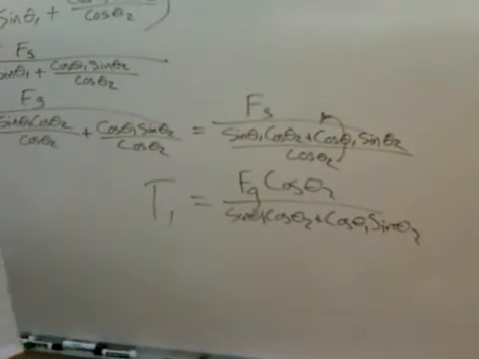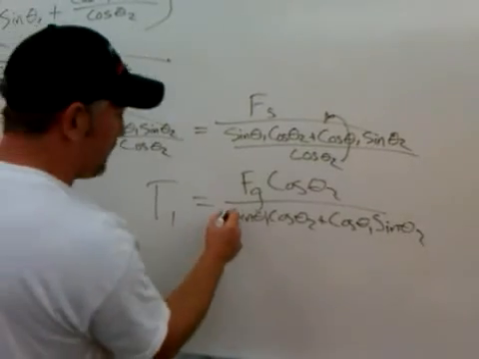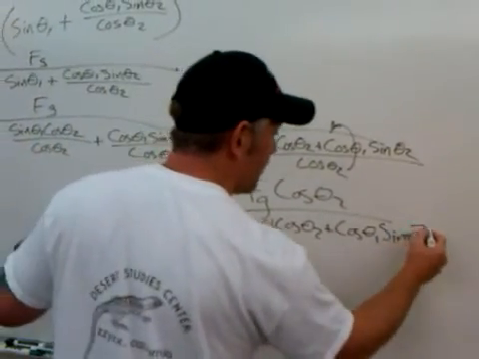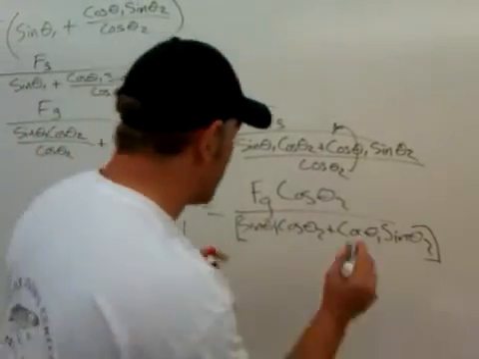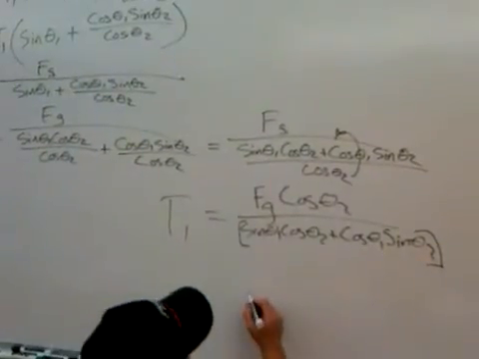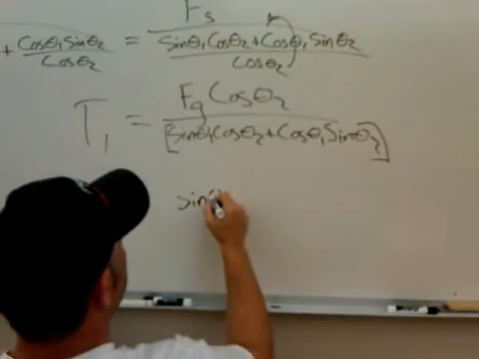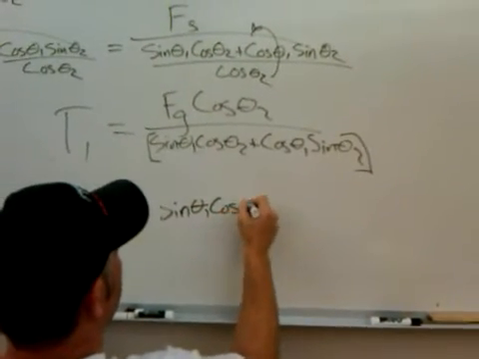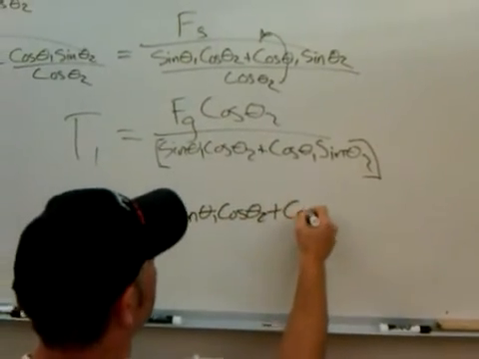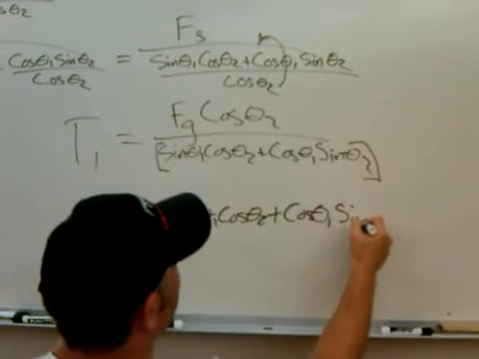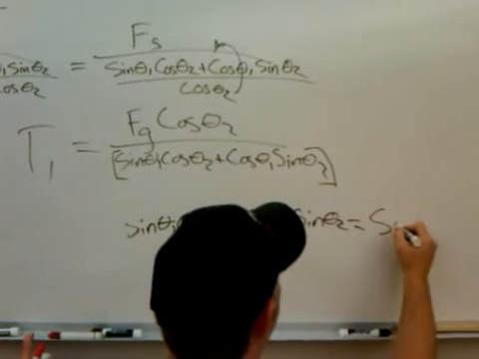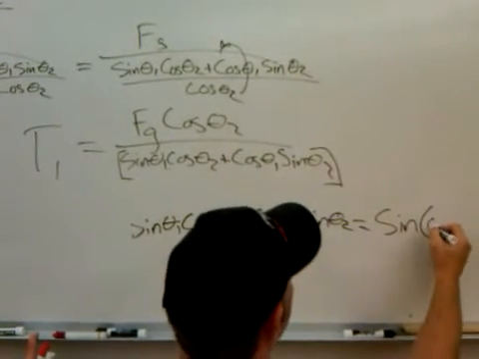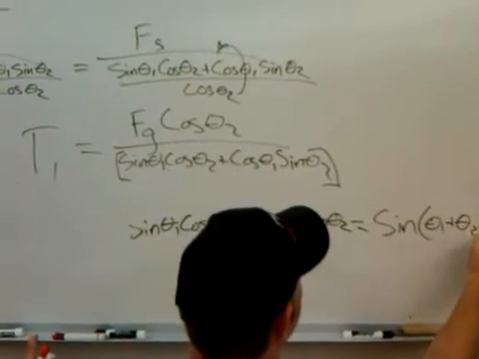Now we're getting awfully close to what it wanted us to show, but we've got this big ugly thing at the bottom here. This is where it helps to go to MATLAB and look up your trig identities. It turns out that this whole thing, sine theta 1 cosine theta 2 plus cosine theta 1 sine theta 2, is equal to the sine of theta 1 plus theta 2.